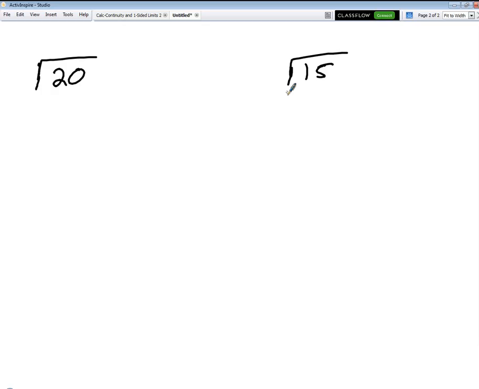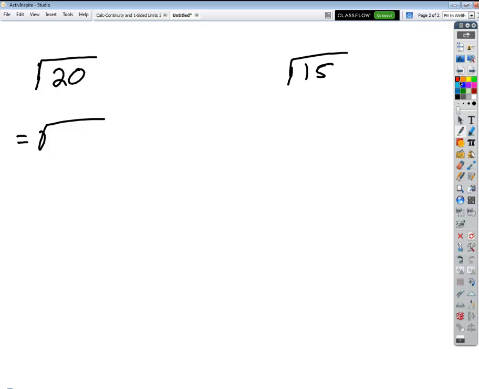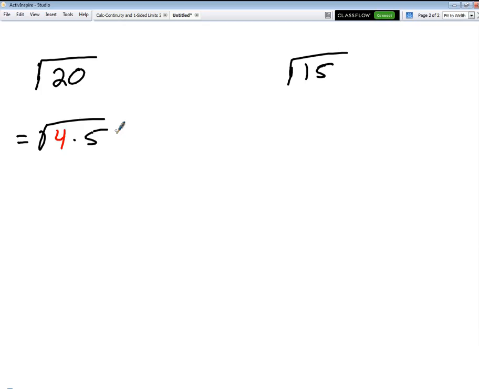We can break the 20 up into a 4 times 5, right? And here's a property of radicals. If I have the square root of a product of A times B, for example, I can always split that up into separate radicals.